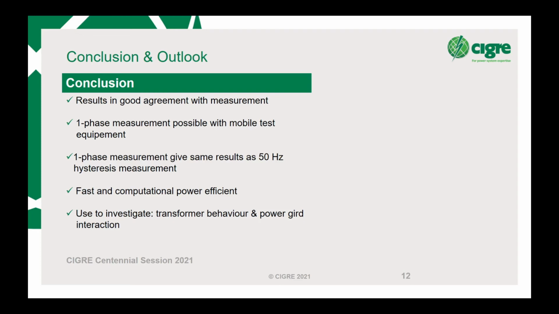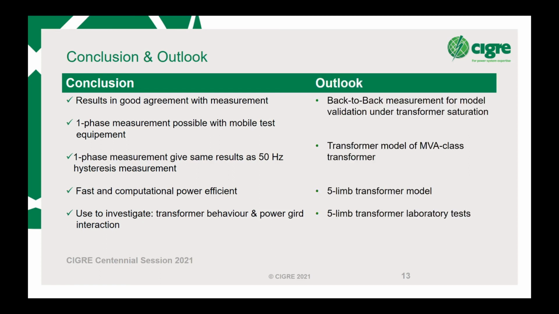And as I said, we want to investigate the transformer behavior and the interaction with the power grid. So the focus is not on optimizing the power transformer, but to study the behavior and the interaction. And for the next couple of months and years of research, hopefully, we also want to validate the model under DC saturation.